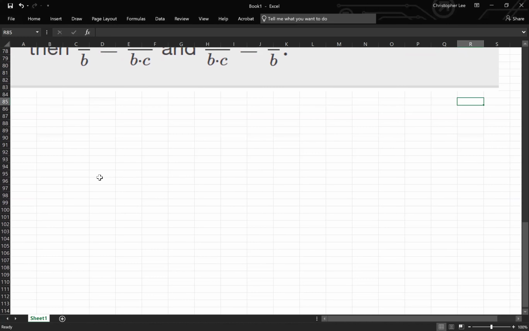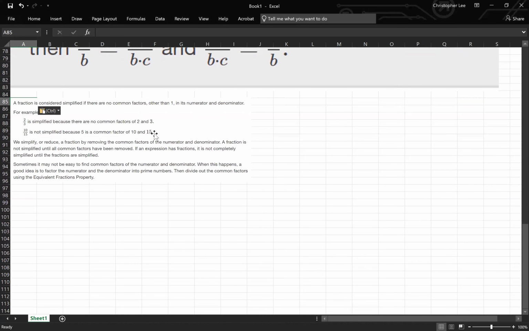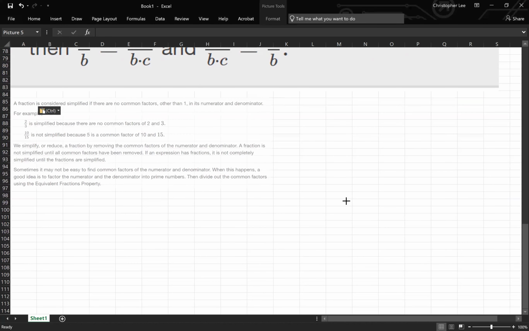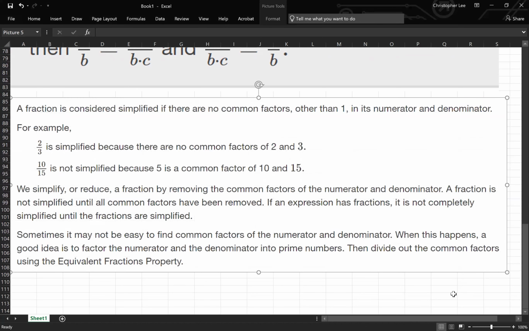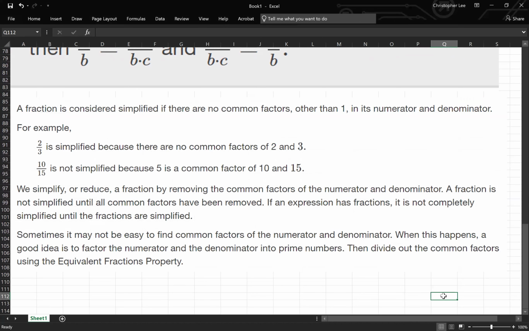That's the simplifying of a fraction. Let me elaborate on that a little bit. A fraction is considered simplified if there are no common factors other than one in its numerator and denominator. For example, 2 over 3 is simplified because there's no common factor of 2 and 3, but 10 over 15 is not simplified because 5 is a common factor of the numerator, 10, and the denominator, 15.